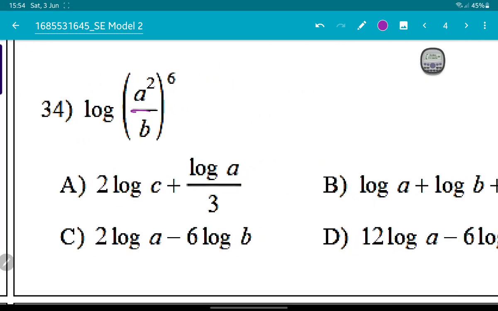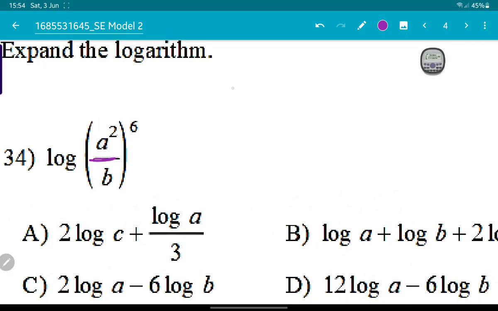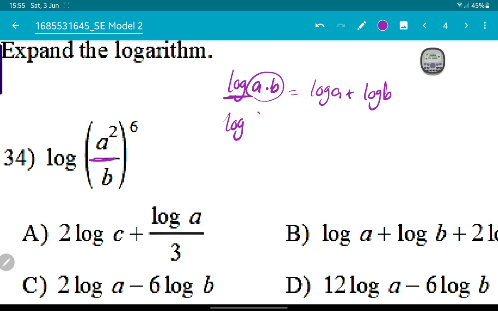Here we have division and the power. We have three properties. If we have log a multiplied by b, we have one log of multiplication, a times b. We can expand this to be log a and log b with addition. Okay, if log a over b, we can divide this into two logs, log a, but division is subtraction, log b.